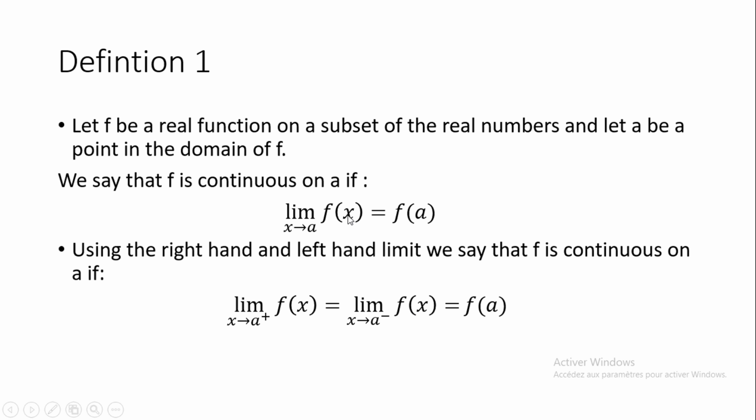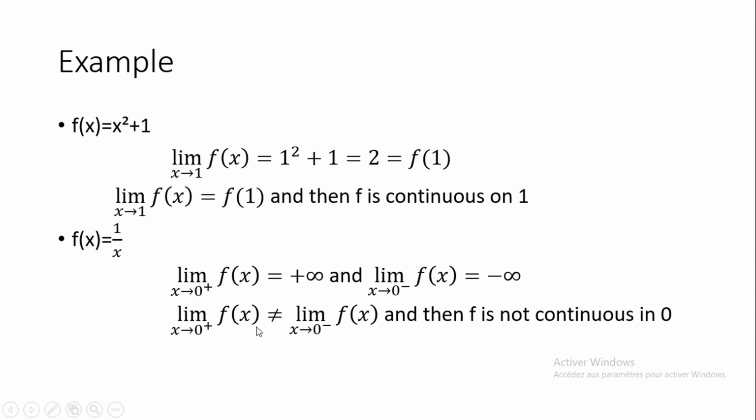So here we have just the limit of f when x gets closer to a, and this is equivalent to this because this doesn't take into consideration if we are coming from the left hand or the right hand side, and here we detail from which side we are getting closer to a.